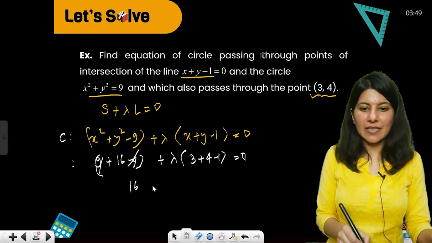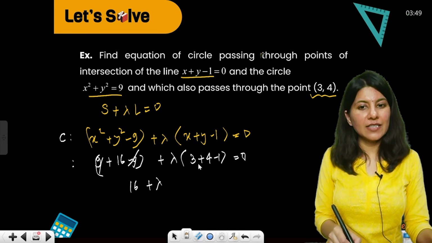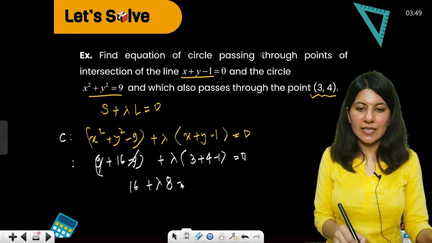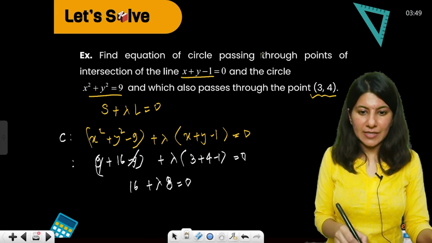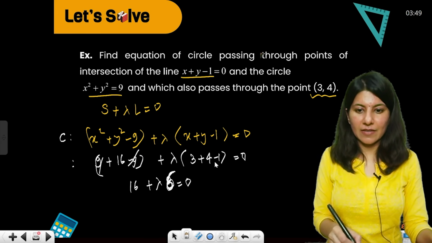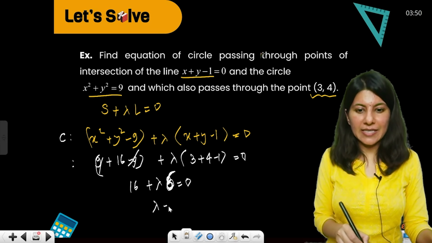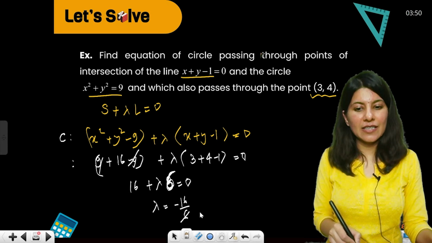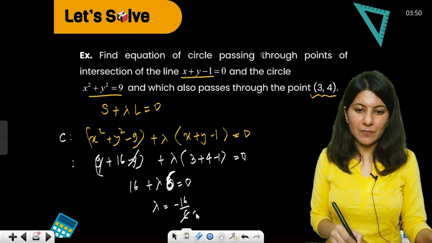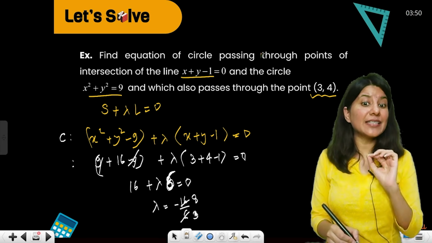So 16 plus lambda times 6 equals 0. So lambda is minus 16 by 6, which is minus 8 by 3.